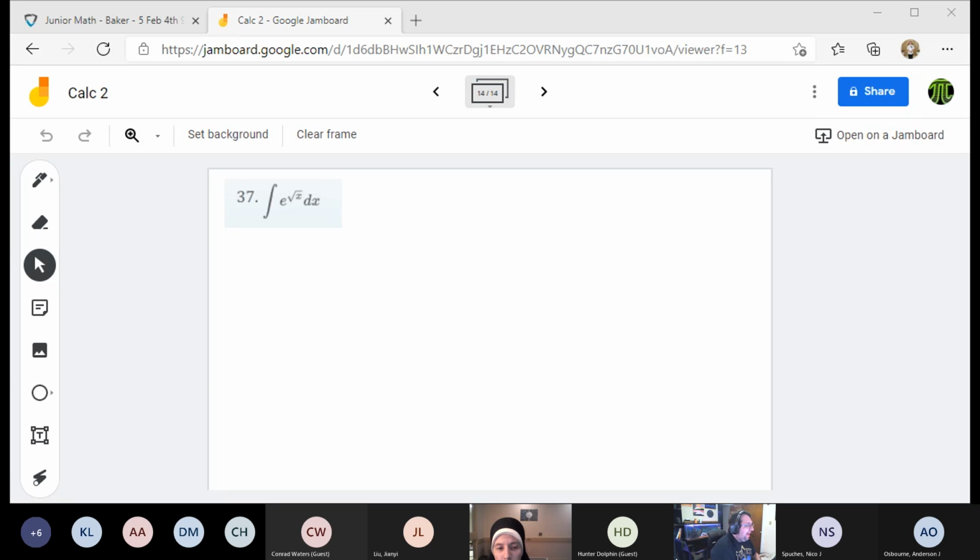So if it was just e to the x, the integral of e to the x is what? E to the x. Right. The problem with this one is I have e to the square root of x. So I have to do something with that square root of x to be able to do this integration.